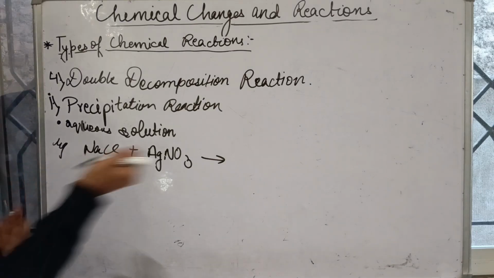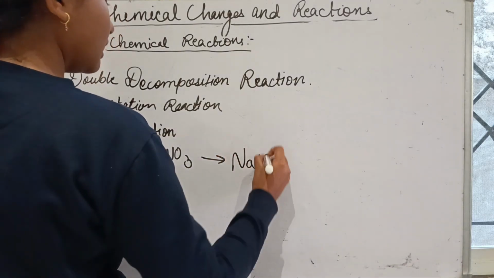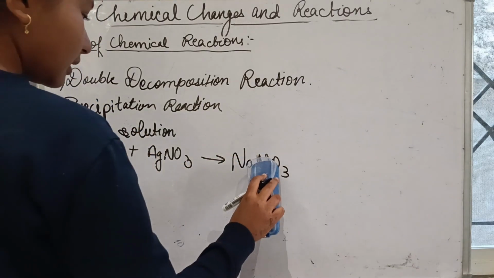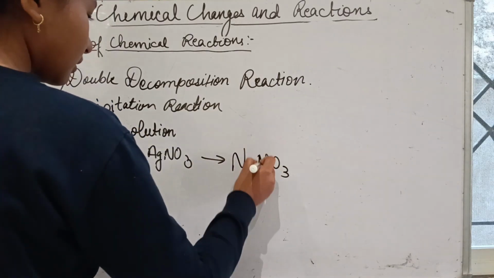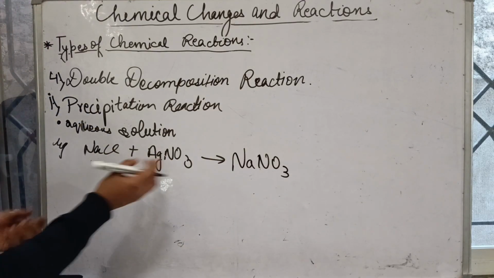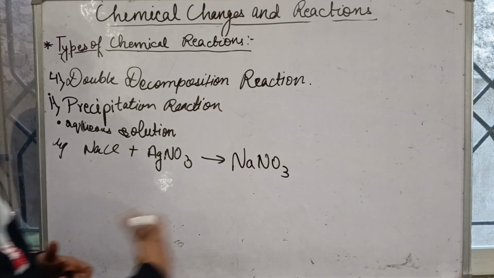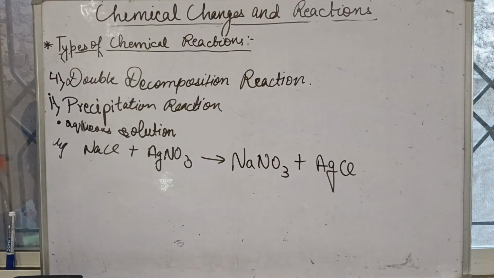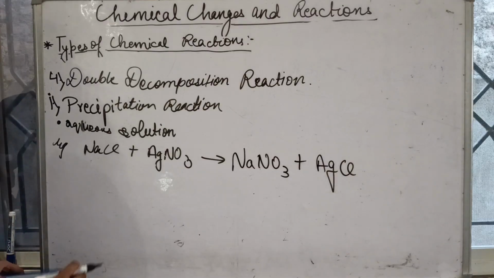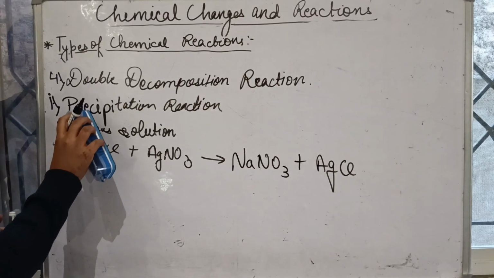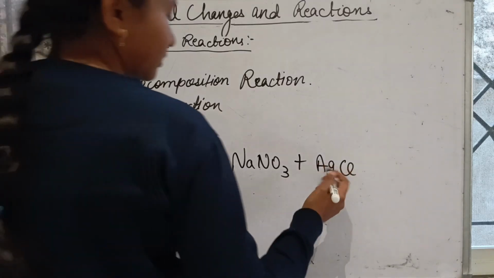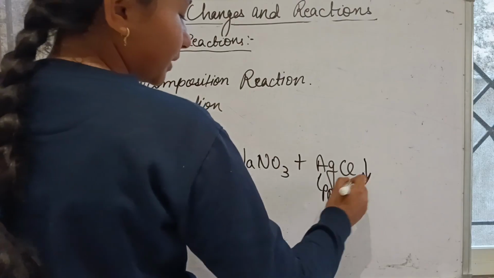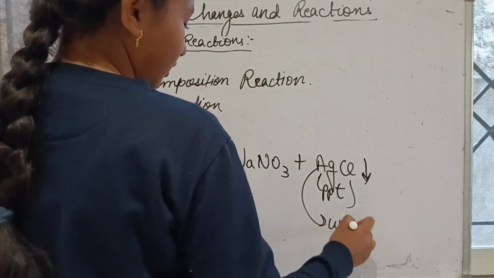So that is why it will form NaNO3, and then what is left behind? This Cl and Ag. So then they will think that okay, let's only make one if others are not accepting it. So AgCl. This will be the bond. In this, which one is the precipitate? For precipitate downwards arrow we write PPT also, and this is of white color.